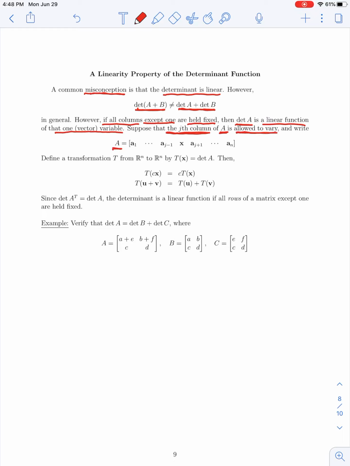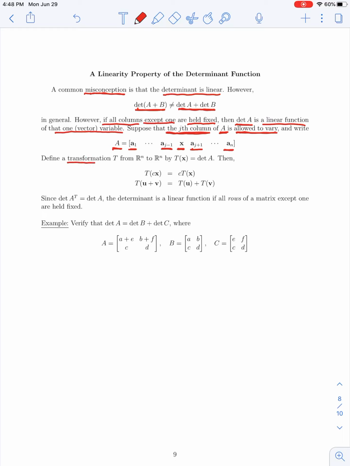So maybe A has the following form. The first j minus 1 columns, or vectors A1 up through j minus 1, and our jth column is some value x. And then the j plus first column through the nth column are held constant.